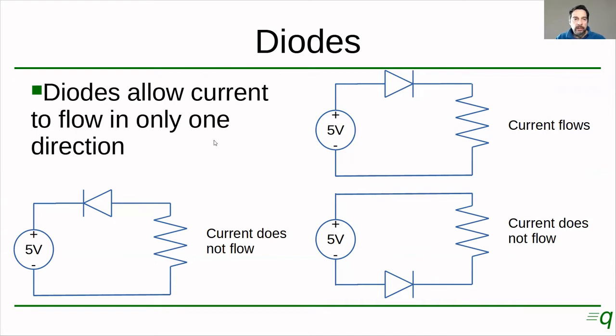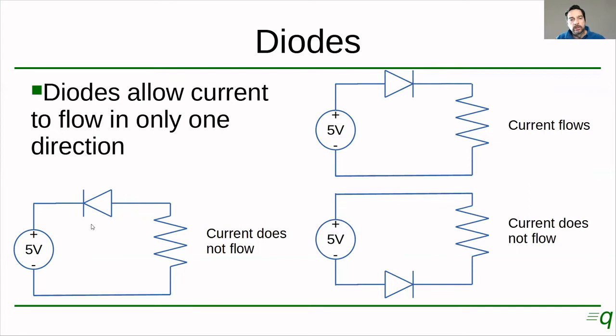Okay. Now, if we go to this circuit over here, the positive side of the voltage source is here. So current is going to try to flow this way. But because we have the diode and the triangle of the diode is pointing in that direction, which is the opposite of what the circuit is going to try to make the current flow, current's not going to flow in this direction.